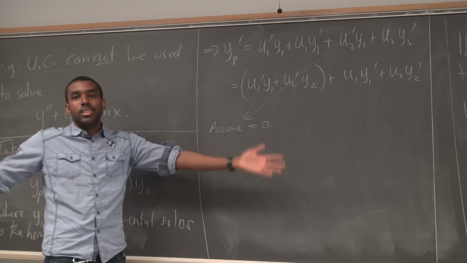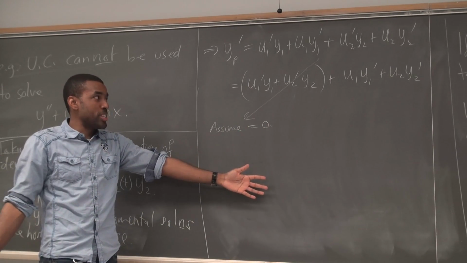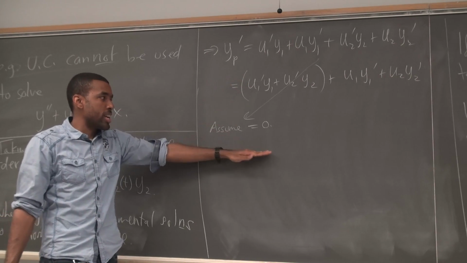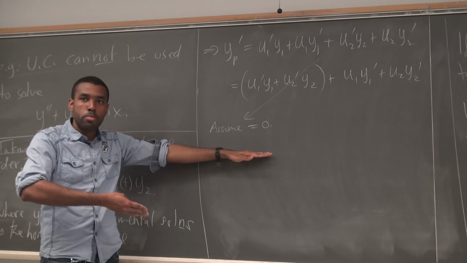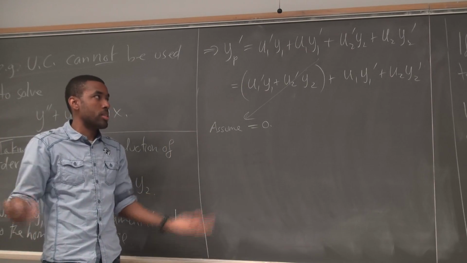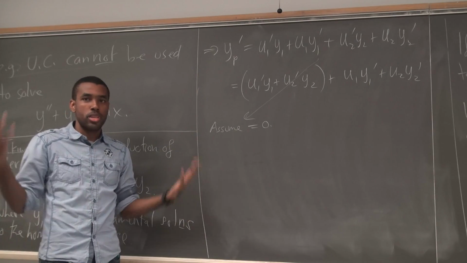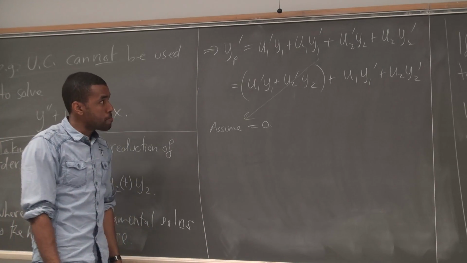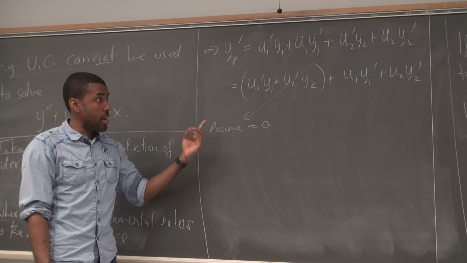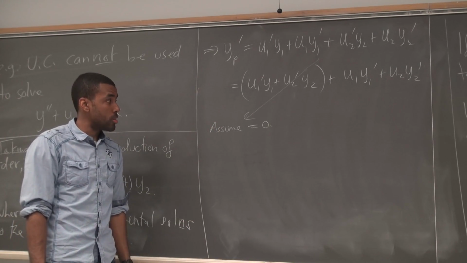I'd get a whole set of differential equations to solve for the u. I don't want this to happen. So at every stage, if I get a higher derivative of u, I'm going to assume that part is equal to 0, right? And it's okay in theory because it doesn't really matter which yp I find. I'm going to try to find the easiest one, right? As long as we make an assumption that doesn't get us in trouble later, it's okay. And this actually doesn't get us in trouble, right?